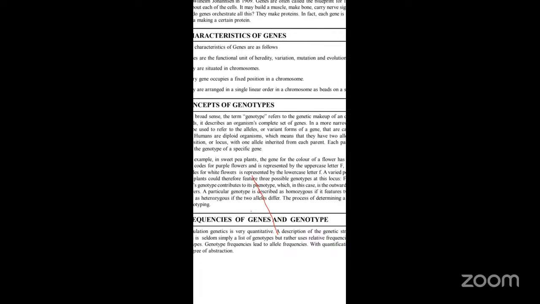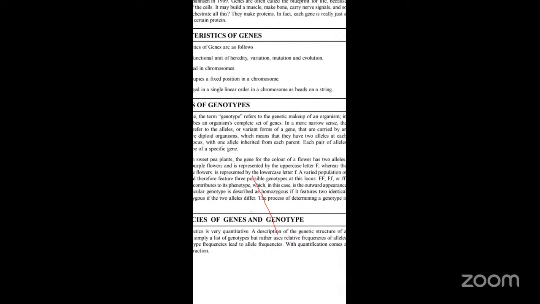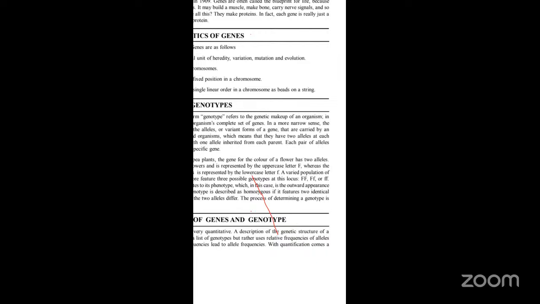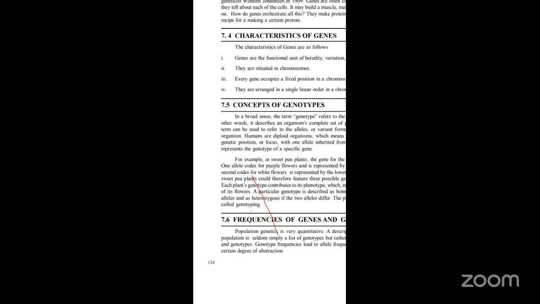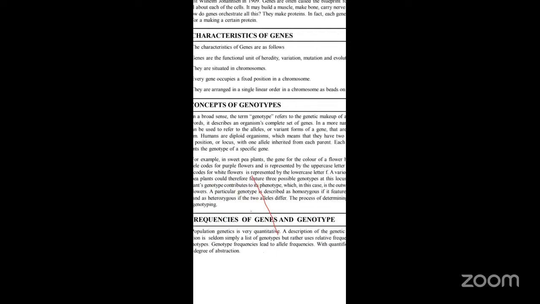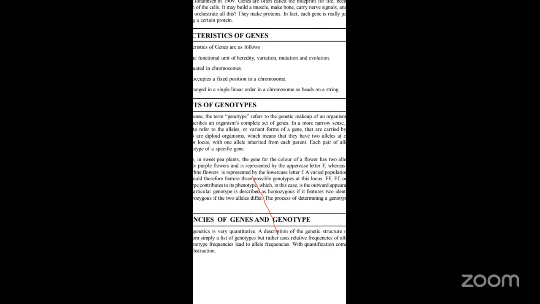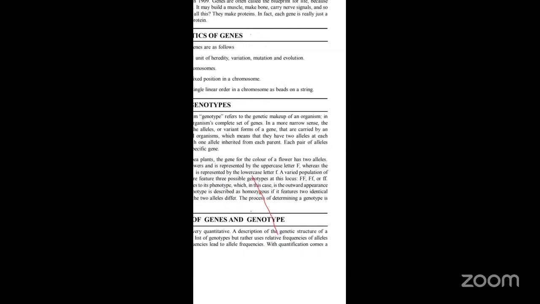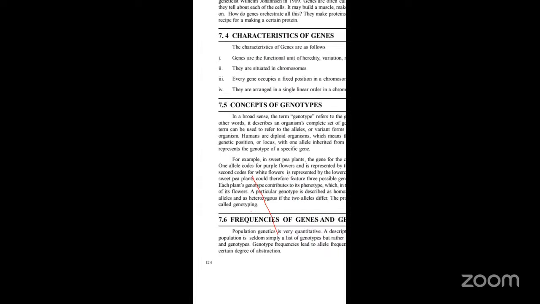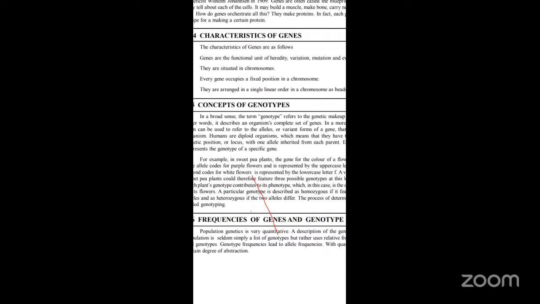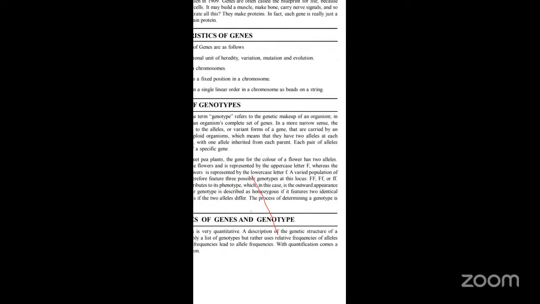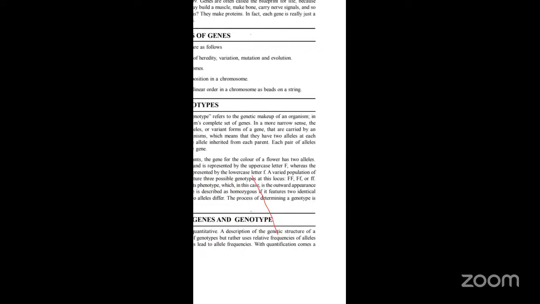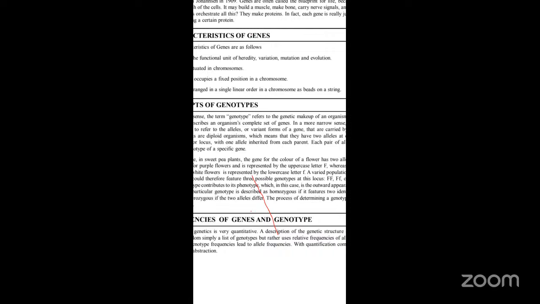In sweet pea plants, the gene for the color of a flower has two alleles. One allele codes for purple flowers and is represented by the uppercase letter F, whereas the second codes for white flowers, represented by lowercase f. Sweet pea plants could therefore feature these possible genotypes at the locus: FF, Ff, or ff.